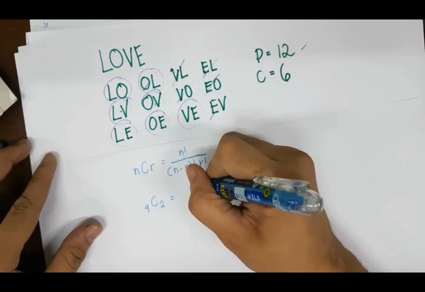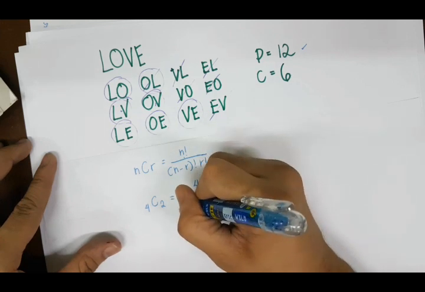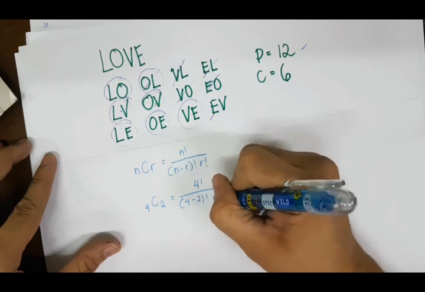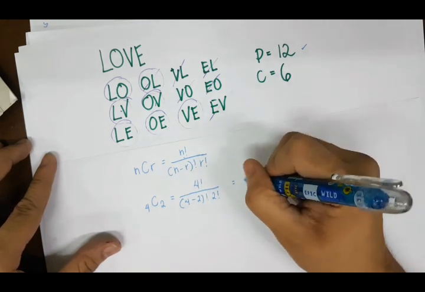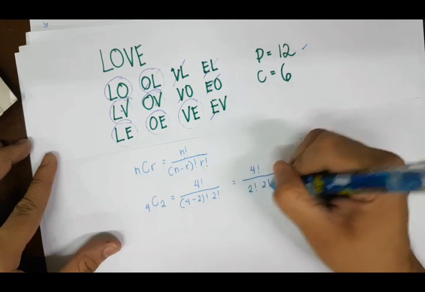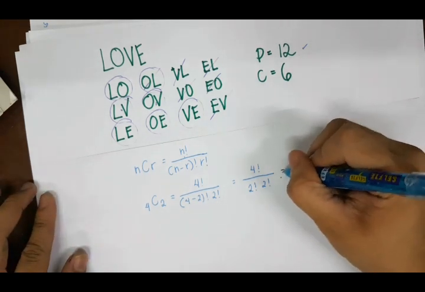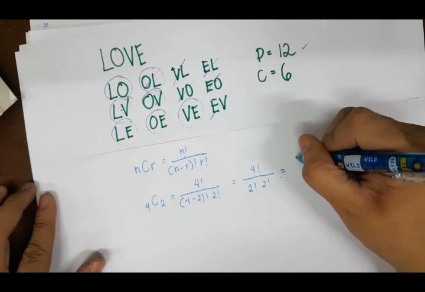Let's just substitute. So 4 factorial over 4 minus 2 factorial times 2 factorial, so this is equal to 4 factorial over 2 factorial times 2 factorial, since 4 minus 2 is 2. Let's do the factorial.